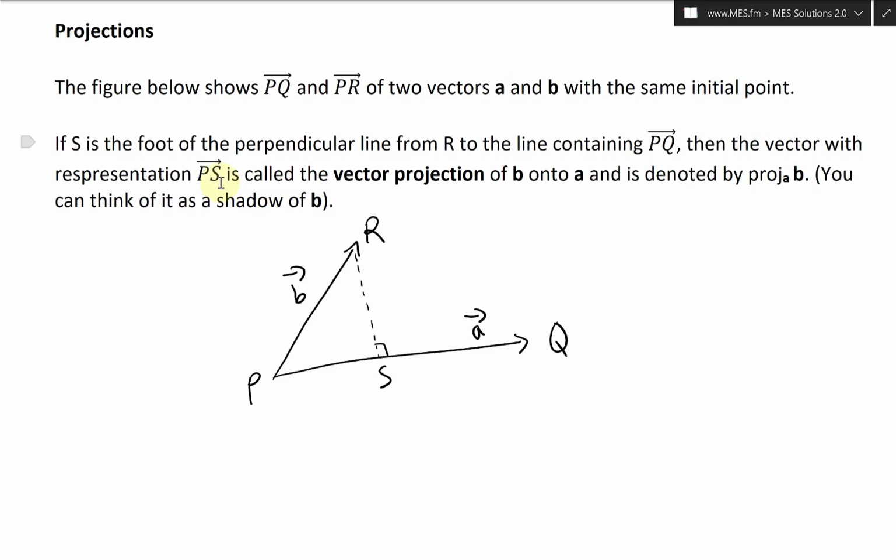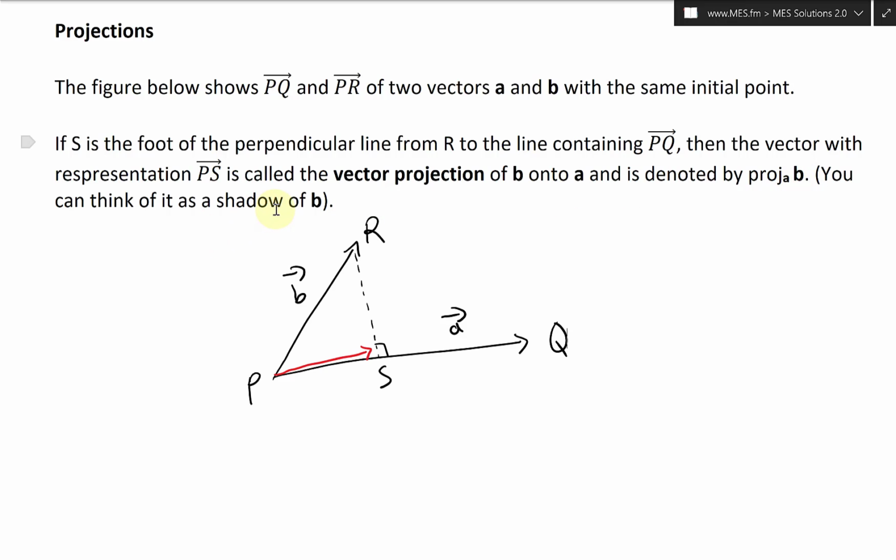Then the vector with representation PS is called the vector projection of B onto A, and is denoted by projection subscript A of B. And just note here, PS is a vector. I'm going to draw this in red, like that. So that is this PS vector, denoted by projection subscript A of vector B.